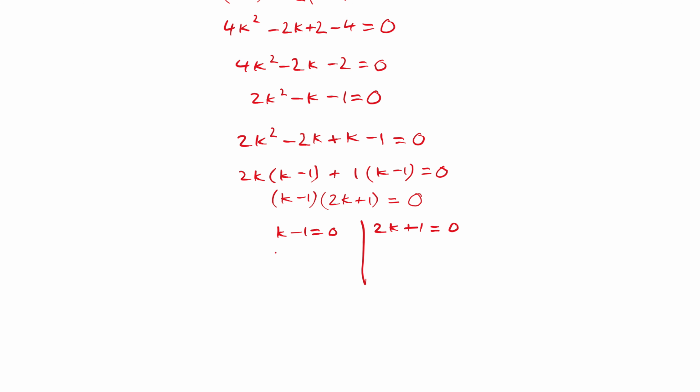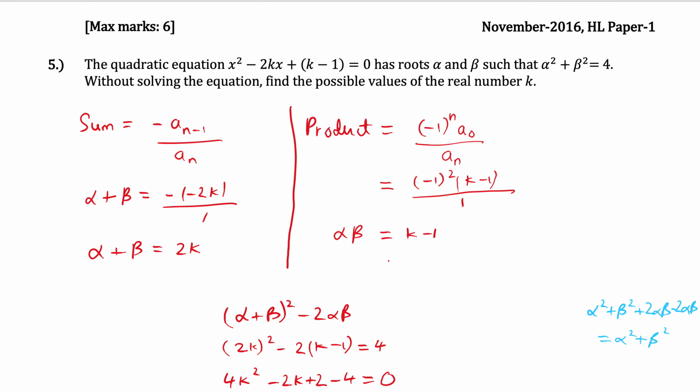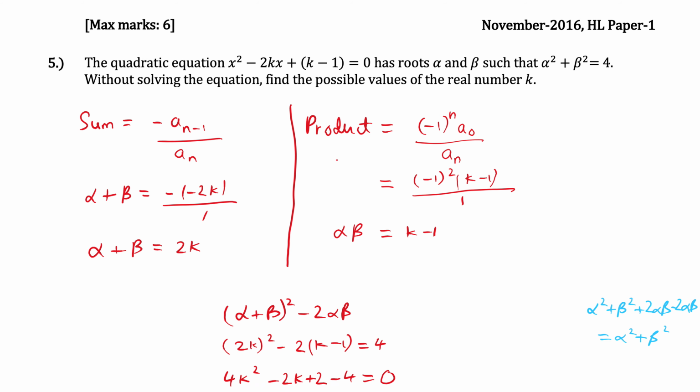So from here we find that k can either equal positive 1 or k can equal negative 1 upon 2. So these are the two possible values of the real number k, and this is the answer to question number 5.